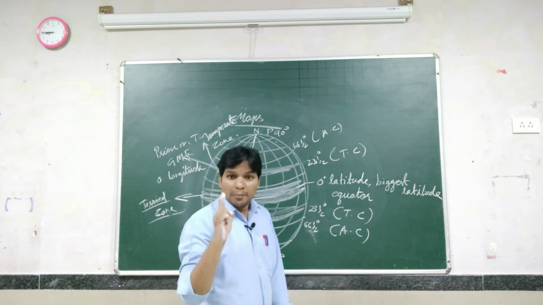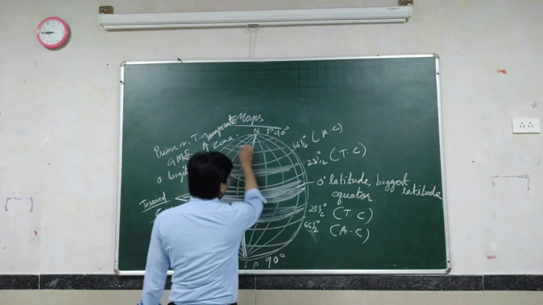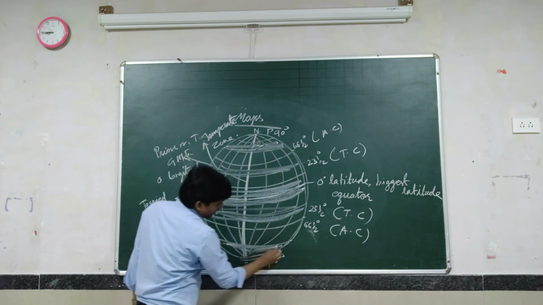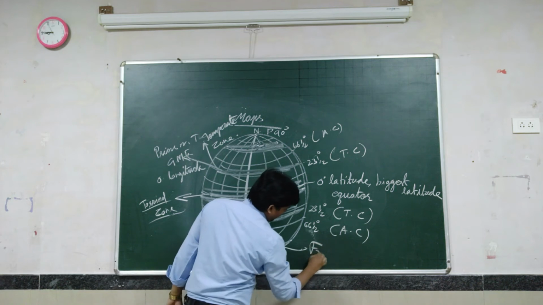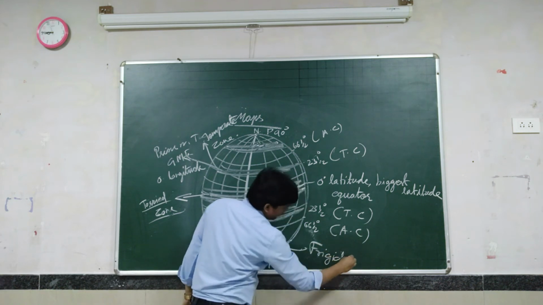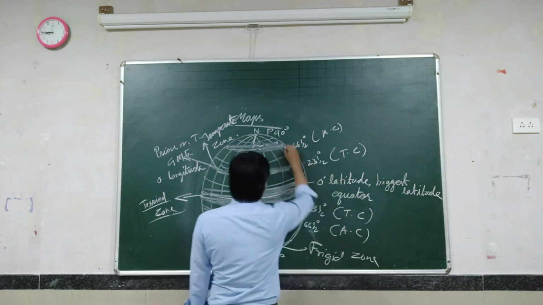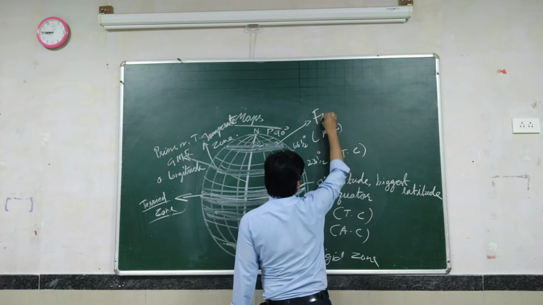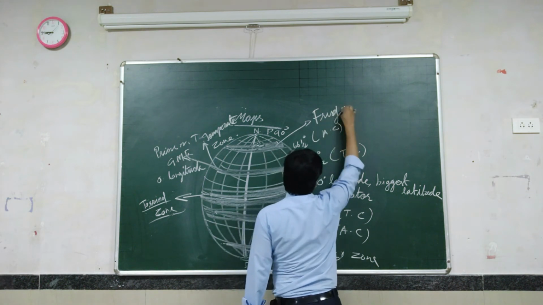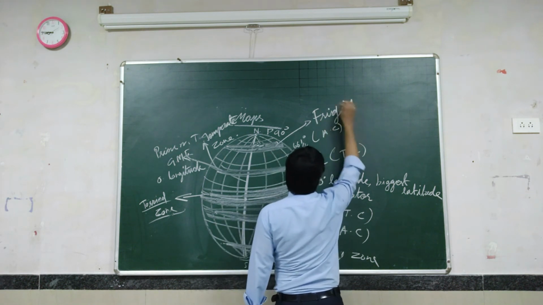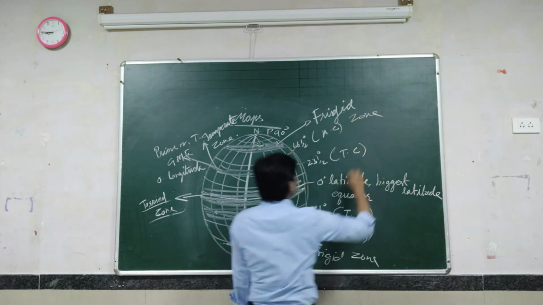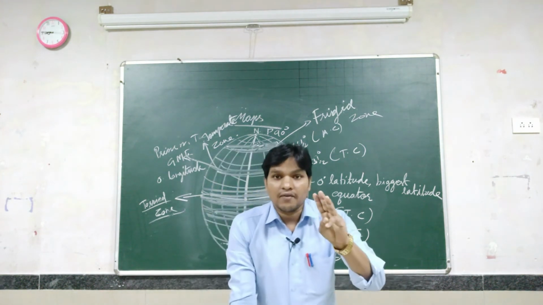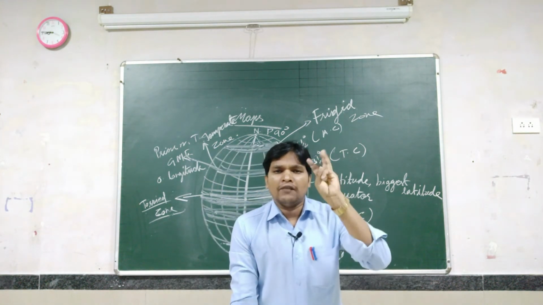Then after, the Arctic circle and here the Antarctic circle, both sides of these come the freeze zone, F-R-I-G-I-D, frigid zone, known as the freeze zone. So how many zones came? 3: torrid zone, temperate zone and freeze zone.